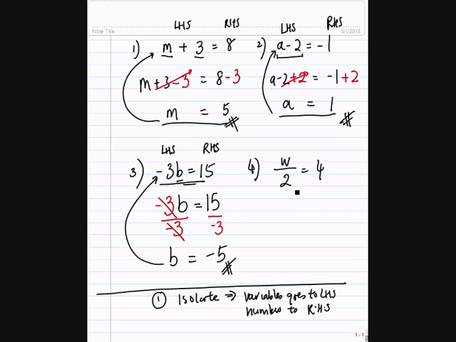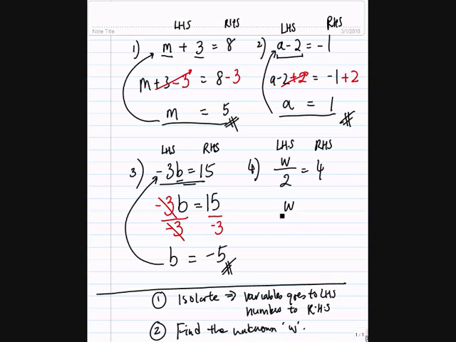Alright, we have the last set of equations that involve division. In this case, on the left hand side we only have the variable. On the right hand side we have the numbers. So in this case, we just need to find the unknown, which is w. What we have is w over 2 equals 4.